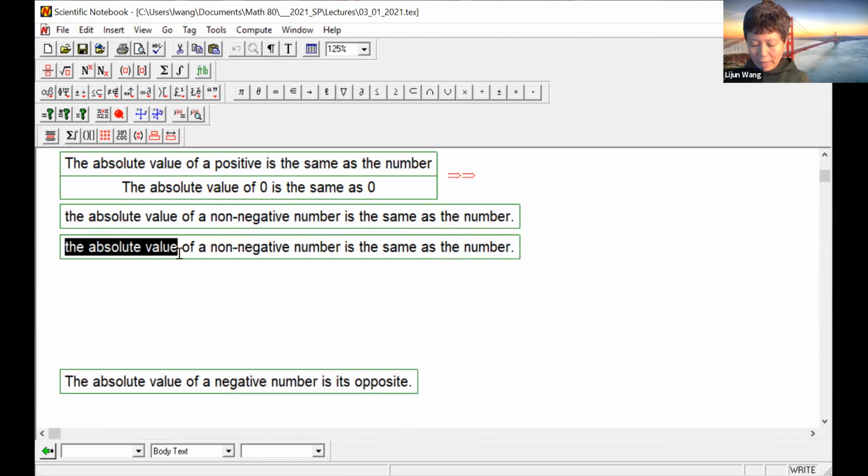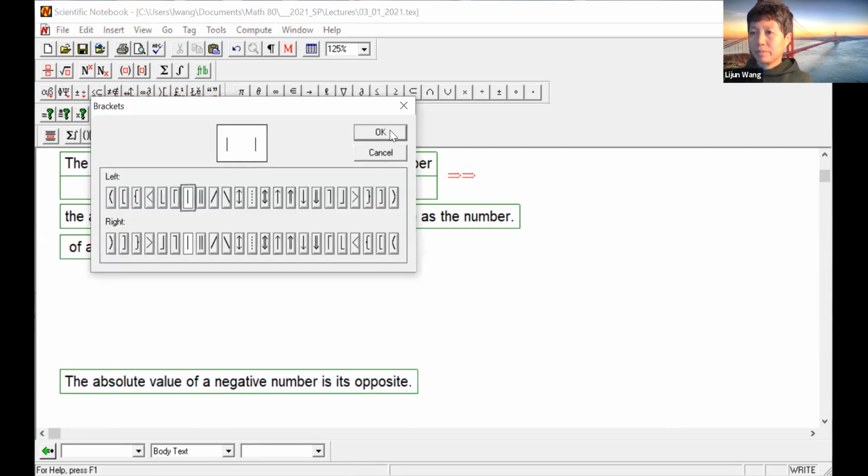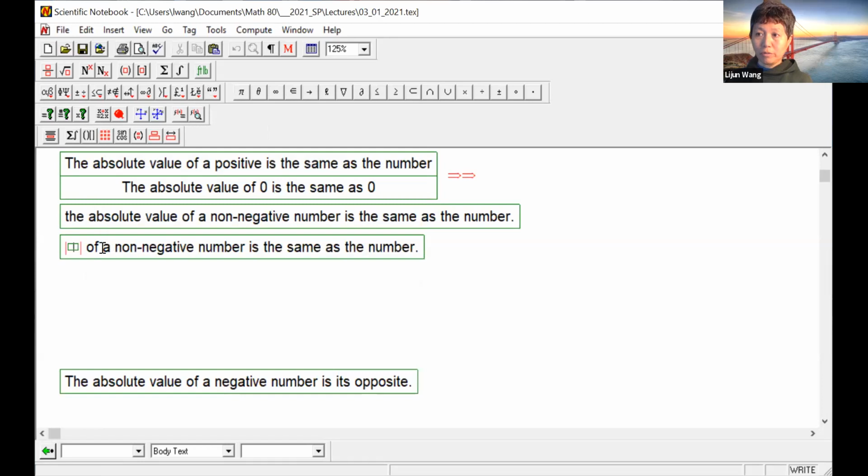We know absolute value is just these signs, a shorthand notation. That's the absolute value of a non-negative number. You can put a number here. We often use x to represent it, but we can use any symbol. Today, we're not using x.